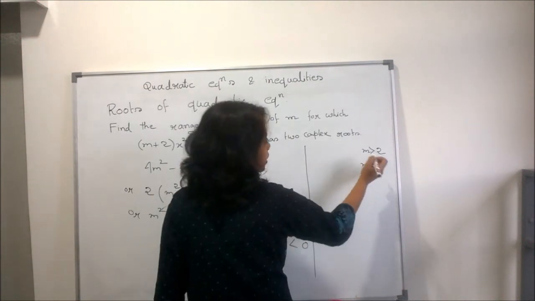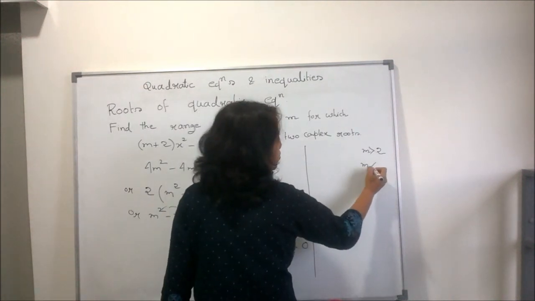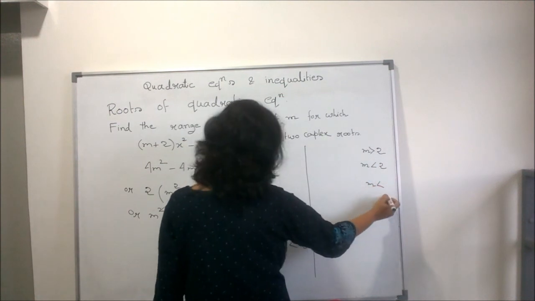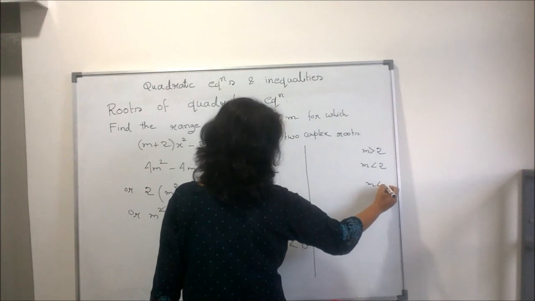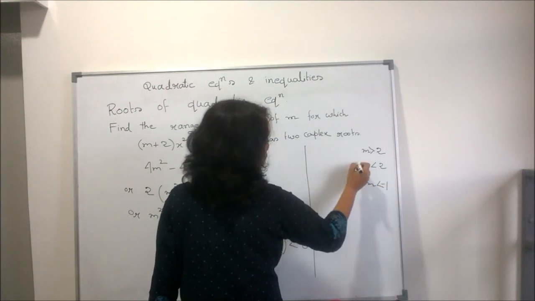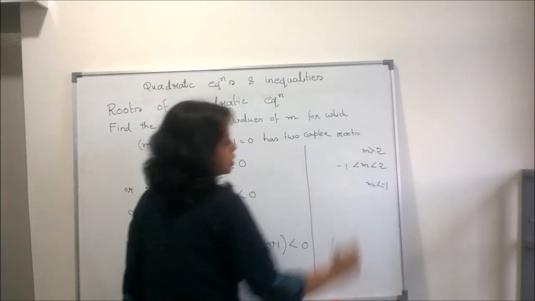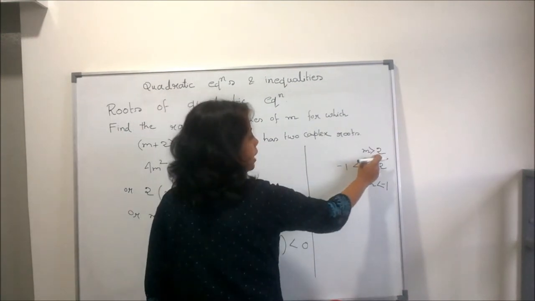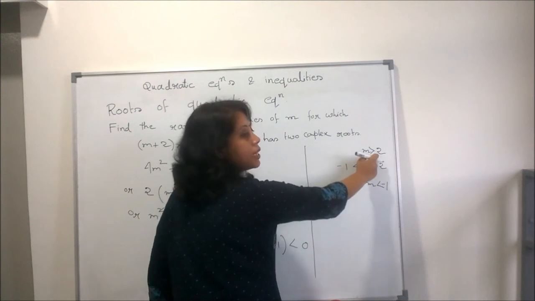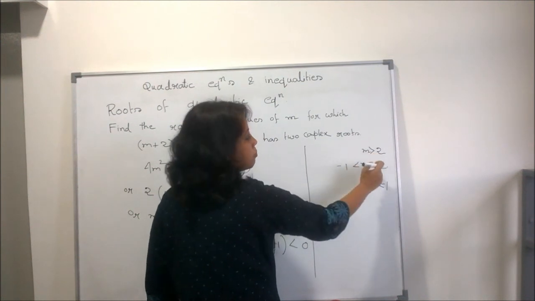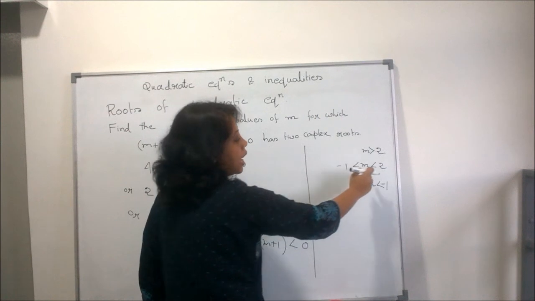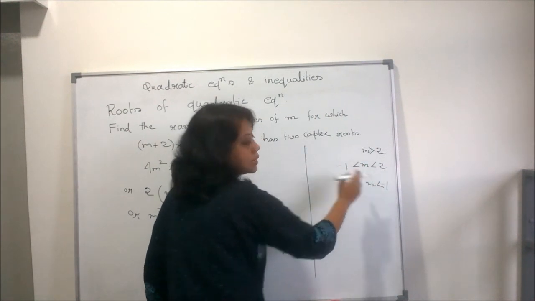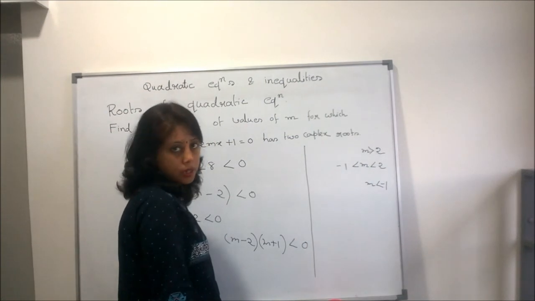So m is greater than 2, another is m is less than 2, another is m is less than minus 1, and another is m is greater than minus 1. So four conditions may happen.